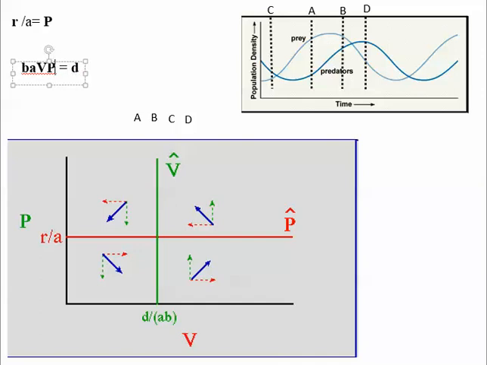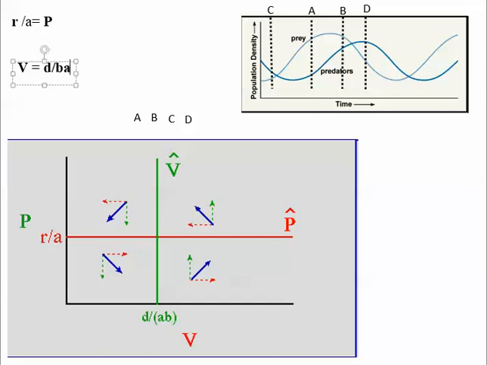Predators cancel out on both sides of the equation, and then in order to figure out what the density of victims would be, we simply divide both sides by that ba, and there you have the threshold density of victims above which predator populations increase, as indicated by the upward pointing green dashed lines on the lower graph, and below which the predator populations would decline for lack of prey, indicated by the downward pointing green dashed lines.